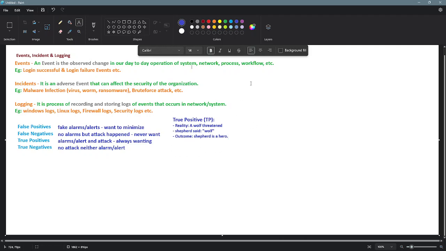After that, there is something called a false positive, FP.